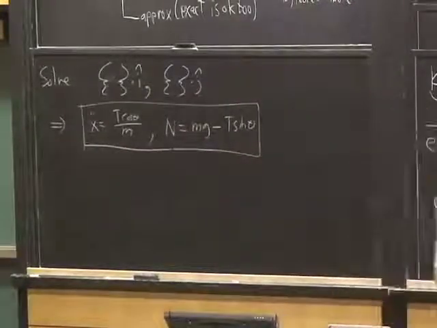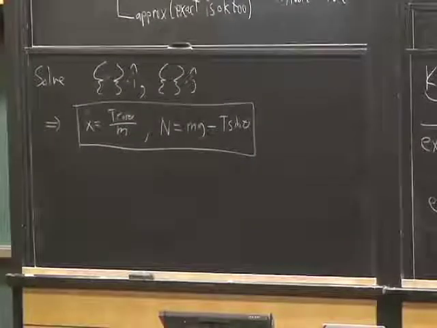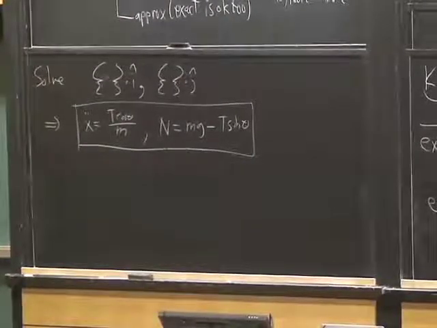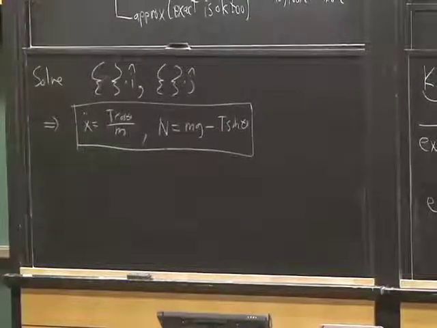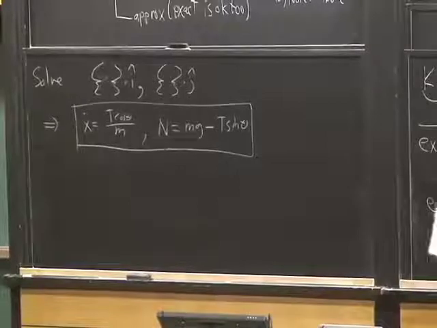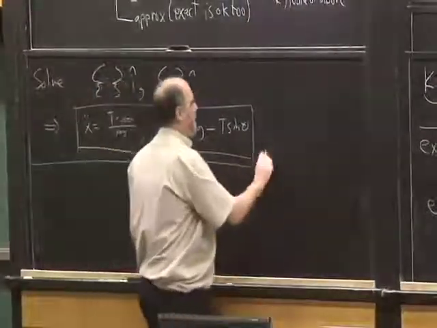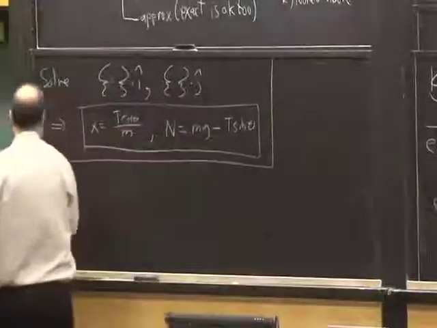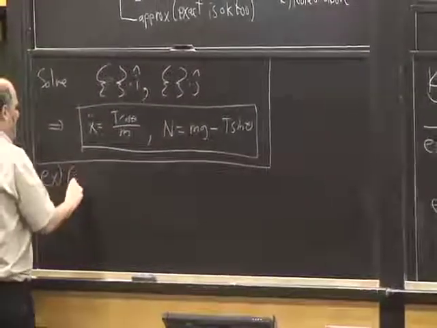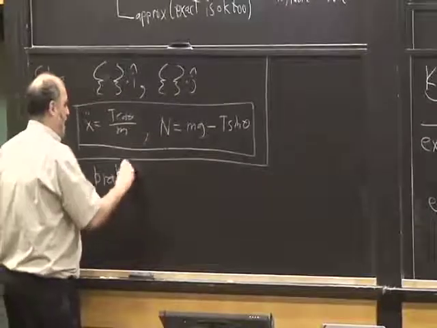Now let me go on and do a substantially harder problem, and one that's a little bit interesting. All of a sudden, we're going to really dive into the world of vectors. So this problem is the car braking problem.